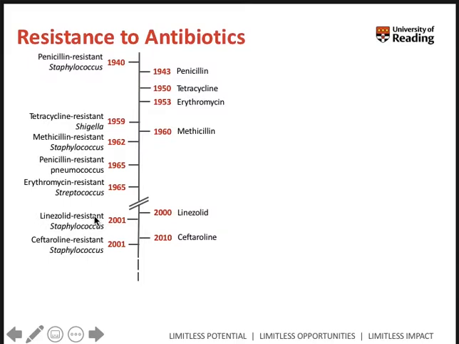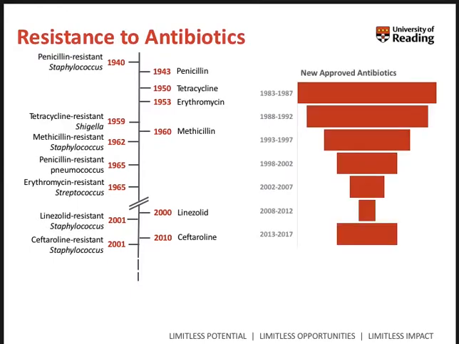So a big problem is the increase in resistant infections to the antibiotics that we have available. But a parallel issue is that over the last few decades, we've seen a decrease in the development and approval of new antibiotics for us to use. So fewer new antibiotics coming into use at the same time as increased resistant infections to those that we have available.